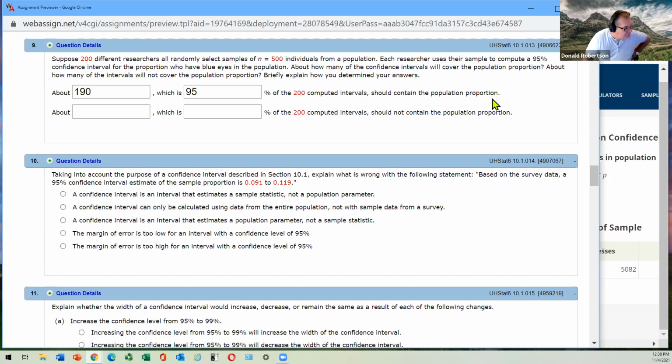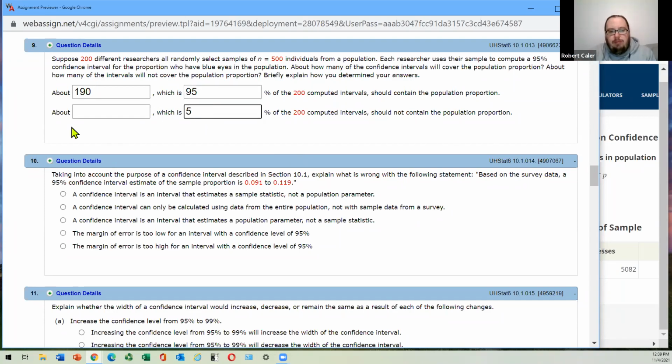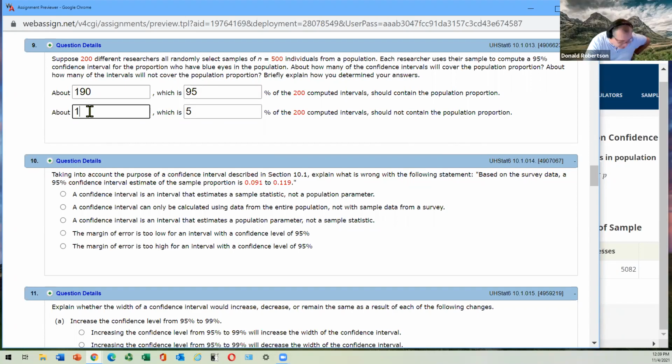Wouldn't you get an interval that had the real answer in it? A 95% confidence interval, 95% of the time you'd be right. So what percentage of the time will you get it wrong? Agreed, 5%. And won't that be the other 10?